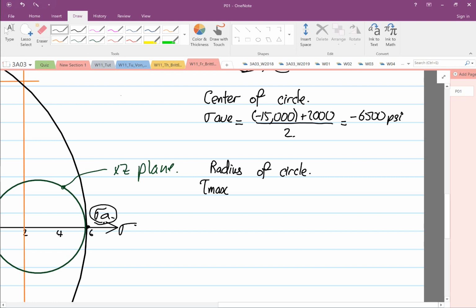So this will be equal to the square root of the shear, 9,000 squared, plus the radius term, which is 2,000 minus 15,000 divided by 2.